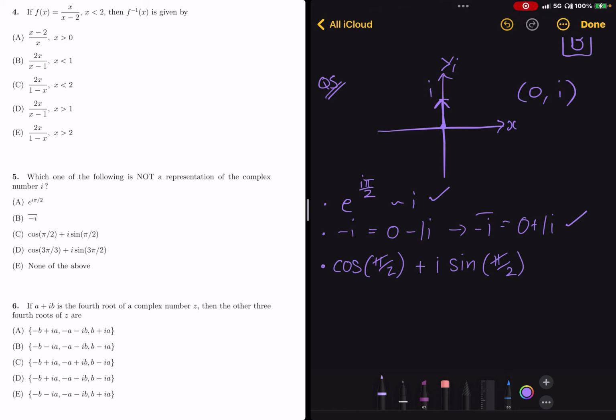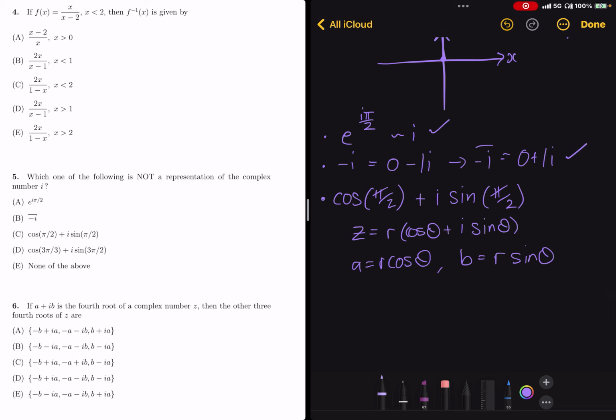So here we know that the complex number z is equal to r times cosine theta plus i sine theta. A is r cosine theta and b is r sine theta, where a is the first term here and b is the second term.